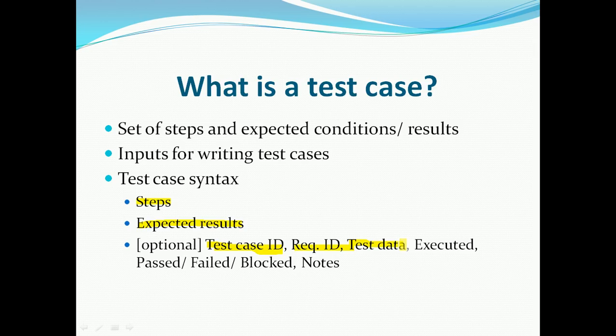Now the login name and the password is the test data that you need to execute the test case, and you can have either no test data, which means that if you are executing the test case, you have to design your own test data at the execution time, or if somebody else is executing your test case, they have to come up with their own test data.